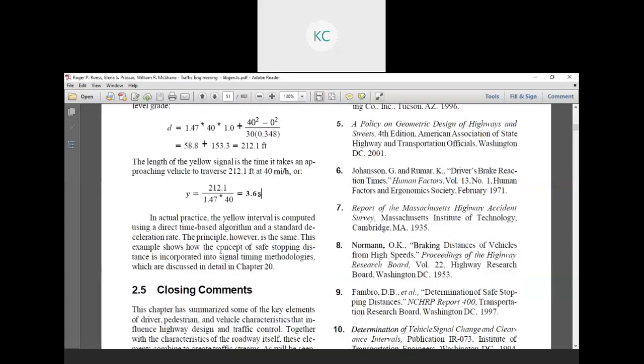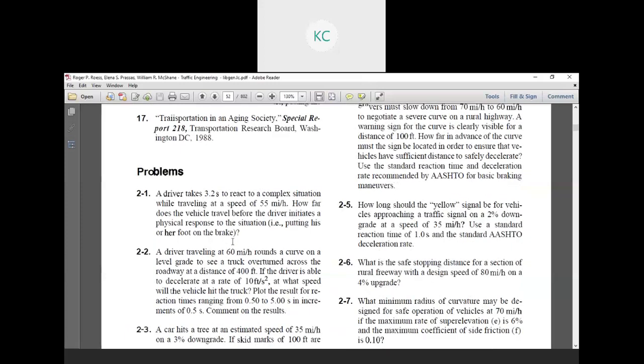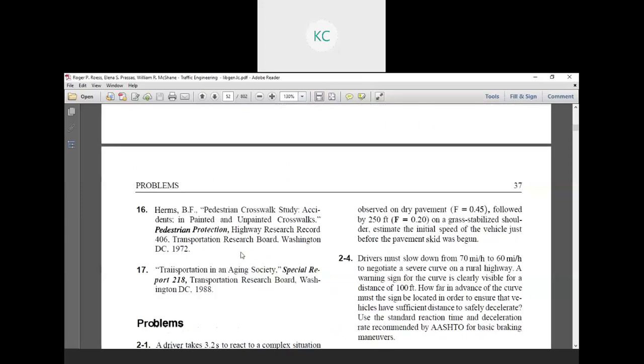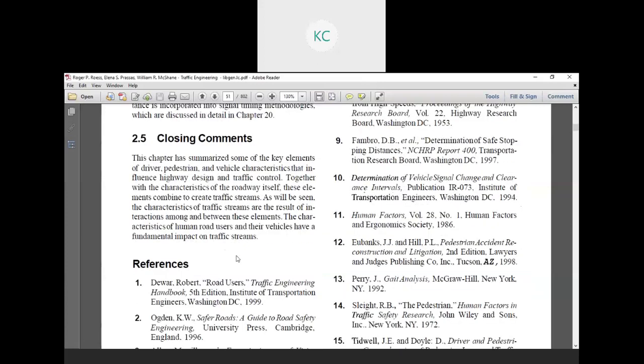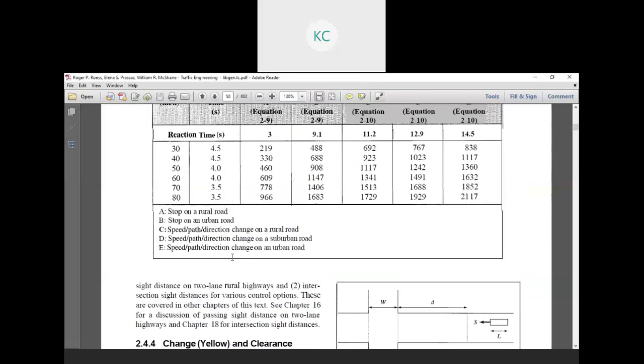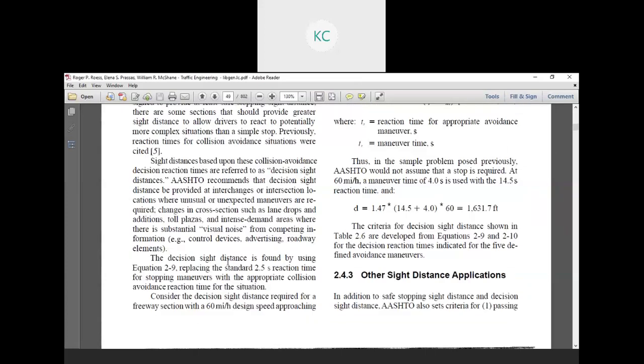So here we conclude the physical characteristics which are taken into account while constructing a highway. There are two main characteristics: the road user characteristic and the vehicular characteristic.